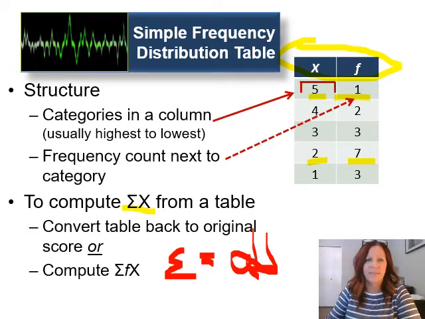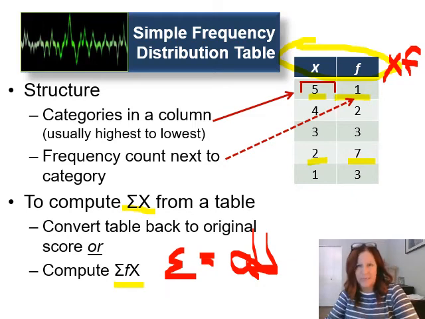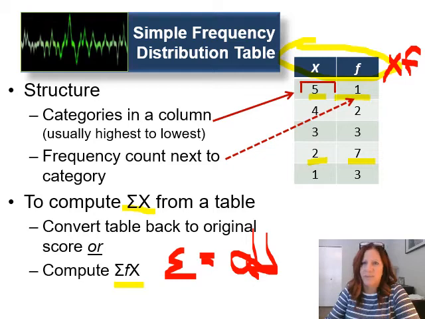Or we could make our life simple, and we could use this sum of F times X. So basically what you do is you take your table and just multiply X times F. So I would multiply 5 times 1 is 5, 2 times 4 is 8, 3 times 3 is 9, 2 times 7 is 14, 1 times 3 is 3, and then add those numbers up.